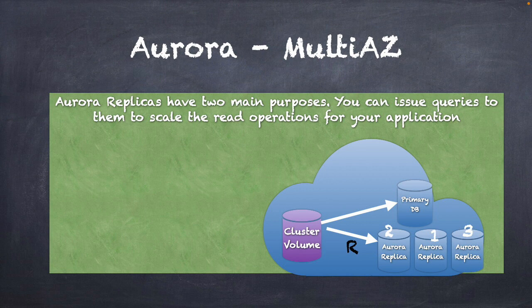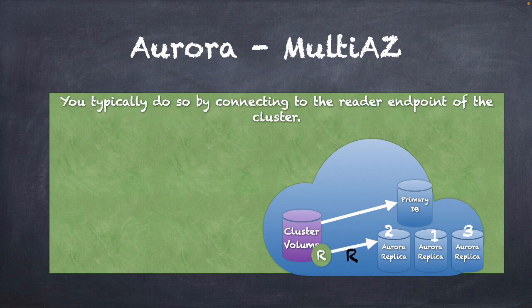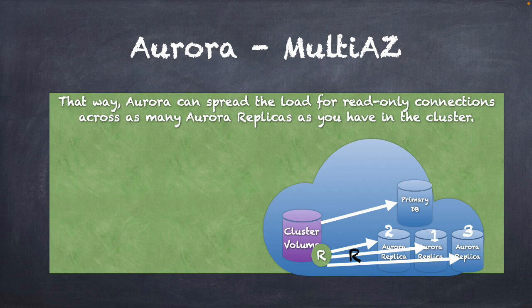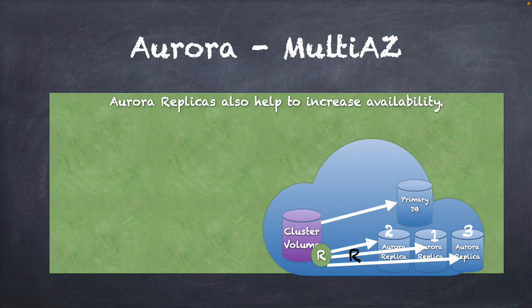You can issue queries to them to scale the read operations for your application, and you also can typically do so by connecting to the reader endpoint of the cluster. That way, Aurora can spread the load for read-only connections across as many replicas as you have in your cluster. Aurora replicas also help to increase availability.